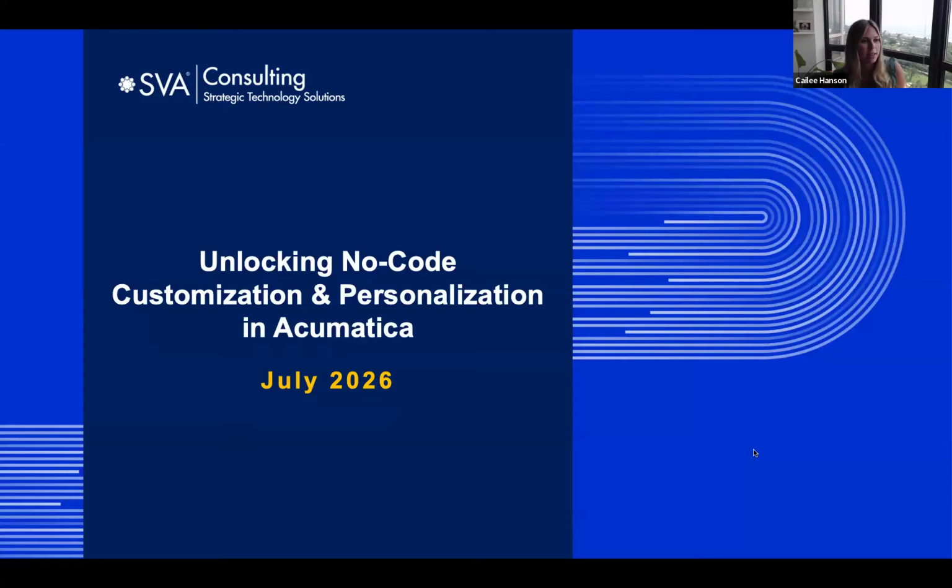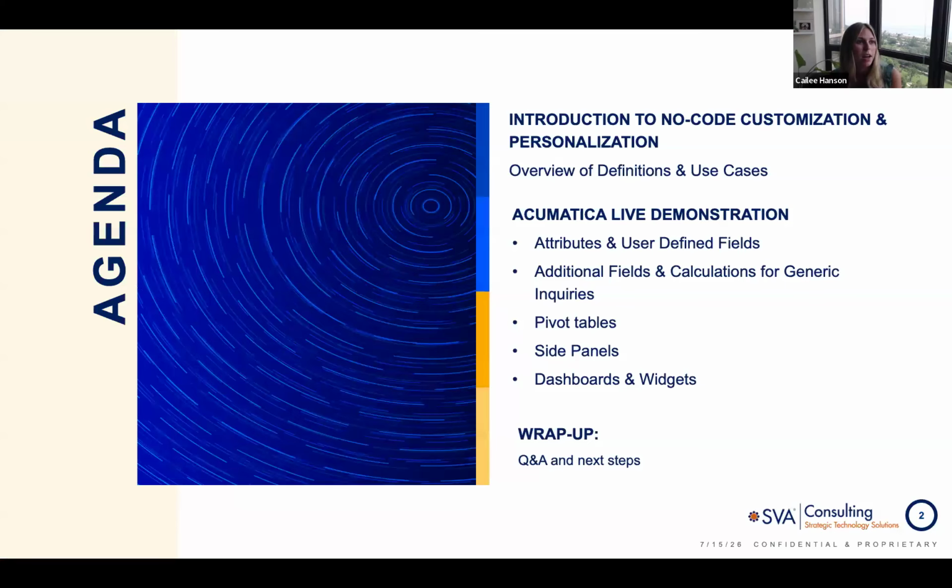So we'll go ahead and dive right in, where we'll start within the agenda. We'll go through a bit of the core components that we'll be focusing on today, and we'll start to define those. These are probably terms that you've heard before, whether working in Acumatica or in past webinars. But we'll start to define what some of those core no-code or low-code customization areas within the system are.